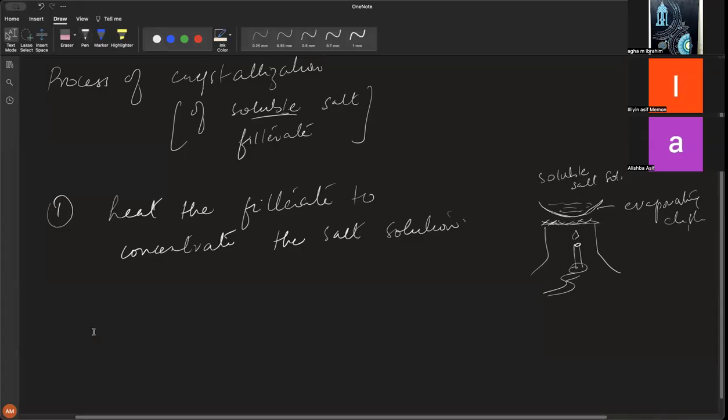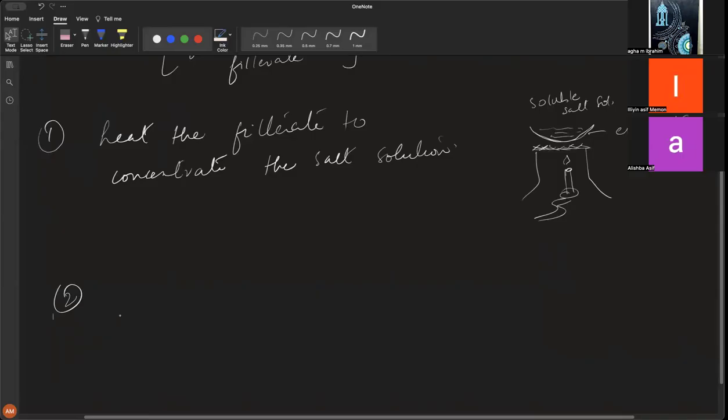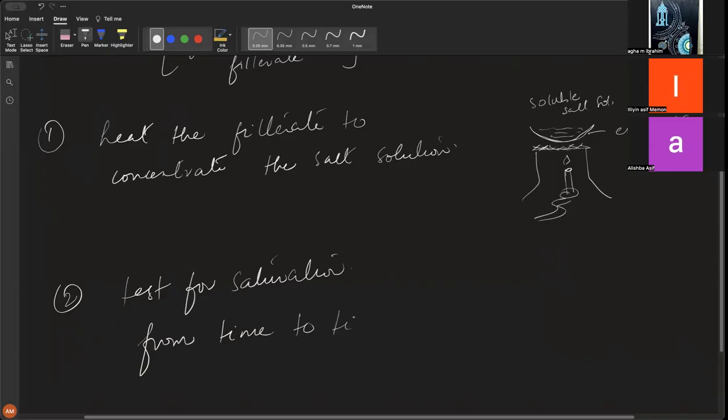Then the second part is called test for saturation. What are we going to be doing? From time to time, a glass rod is dipped.